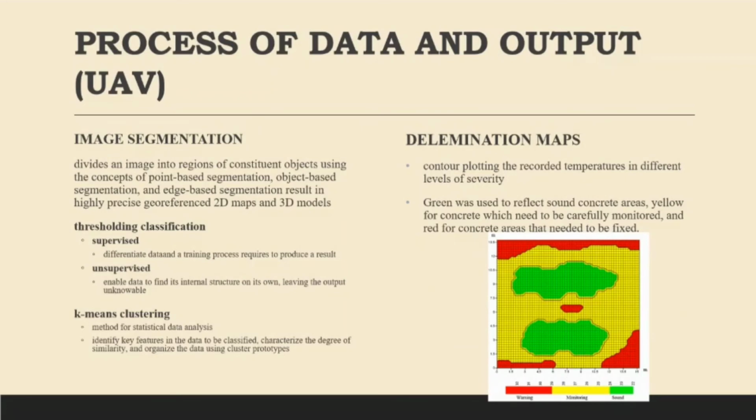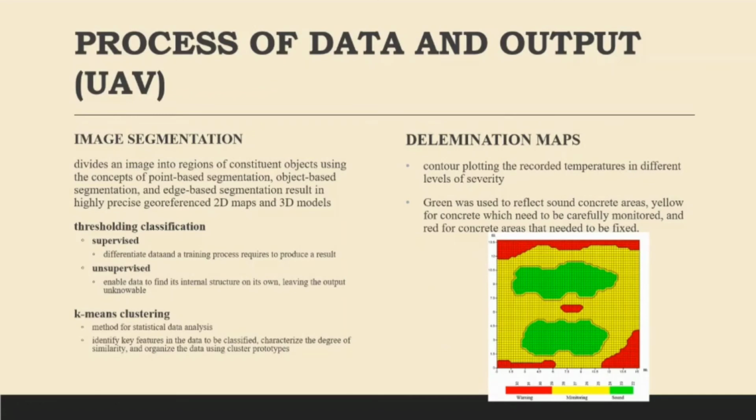Under classification, there are two types: supervised and unsupervised. Supervised is the differentiation of data where a training process is required to produce a result, while unsupervised enables data to find its internal structures on its own, leaving the output unlabeled.